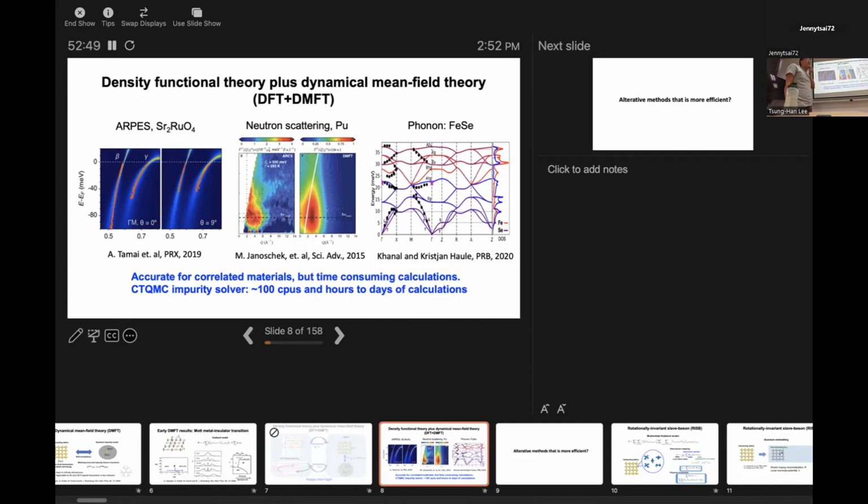The Falicov-Kimball model has an infinite number of conserved quantities. But I think depending on how you write the self-consistency, DMFT may ruin this combination. I never worked on that, but you would be interested to check if our approach will work.